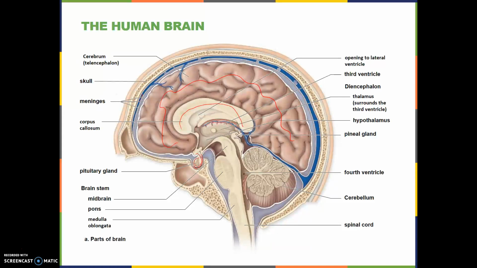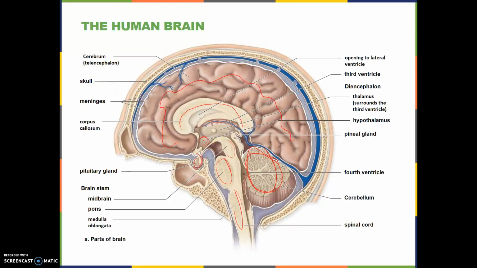The brain stem, which is divided into the midbrain, the pons, and then the medulla oblongata, which is always fun to say. The cerebellum, which is kind of inferior and posterior to the cerebrum. And the diencephalon, which includes the thalamus and the hypothalamus.